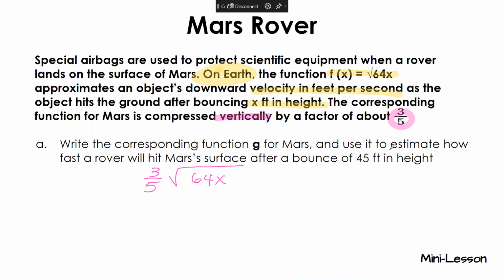Now they want to find how fast a rover is going to hit the Mars surface with a bounce of 45 feet in height. So if we take 3/5, multiply it times 64, and multiply that times 45, that's going to give us our velocity. So 64 times 45 is going to give me 2,880.